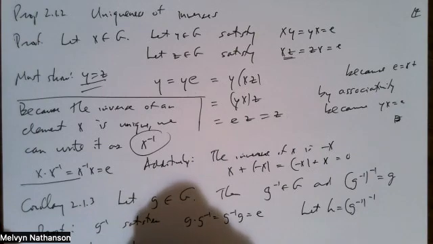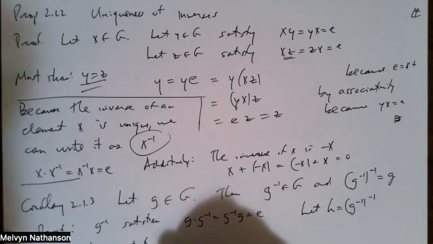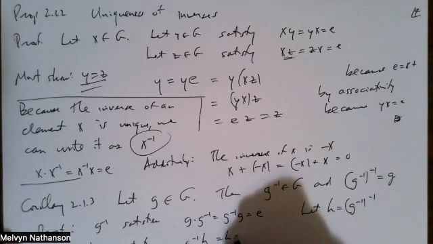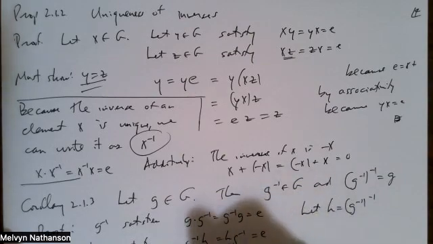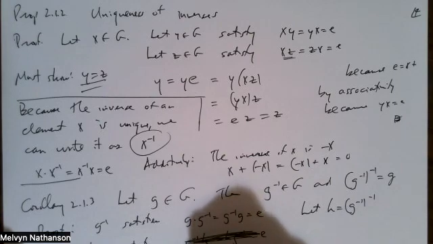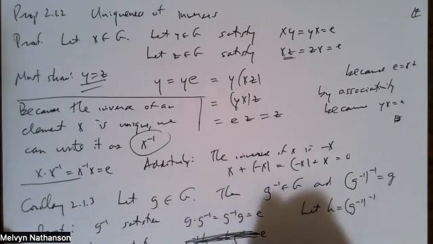Then H would satisfy G inverse H equals H G inverse equals the identity. Or maybe I should write it in the opposite order. This is true, but if I take H times G inverse, or G inverse times H, that's the identity.